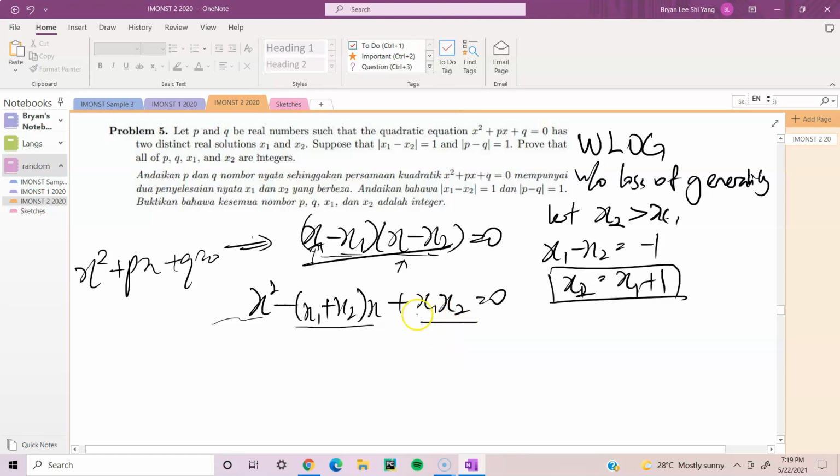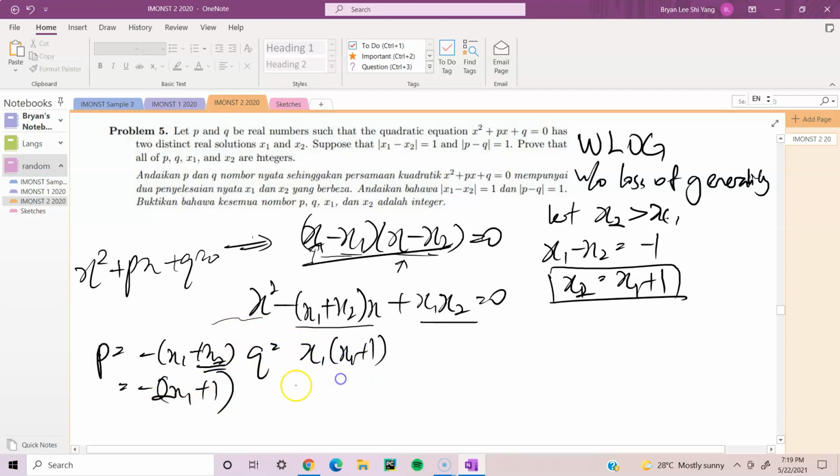From here, we know that p corresponds to negative x1 plus x2. Substituting x2 equals x1 plus 1, this equals negative 2x1 plus 1. And q becomes x1 times x1 plus 1, equals x1 squared plus x1.